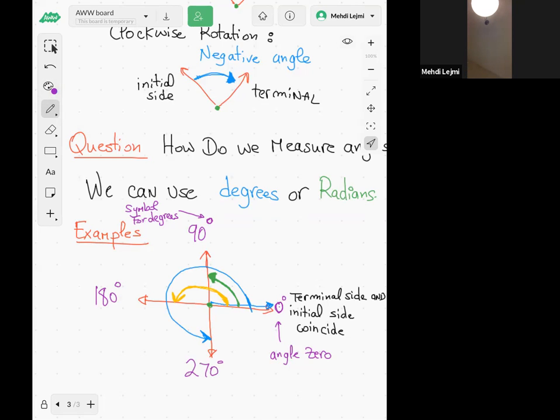Now if you have one full rotation, let's use a different color. So if you do one full rotation, you go from here and then you stop at the same side. One full rotation would be, of course, 360 degrees.